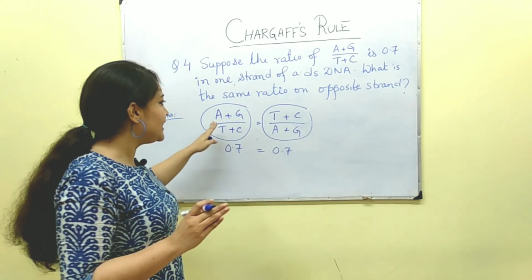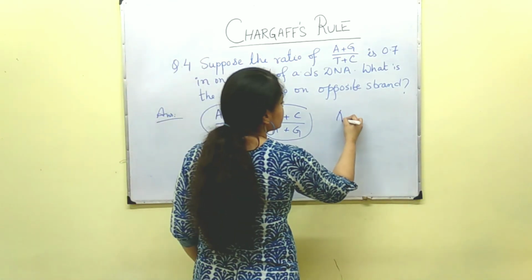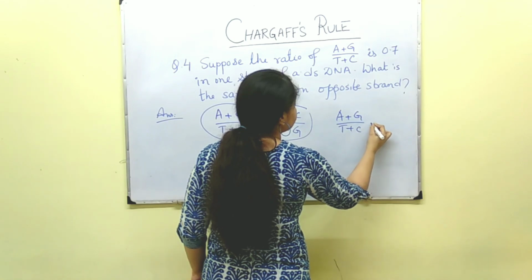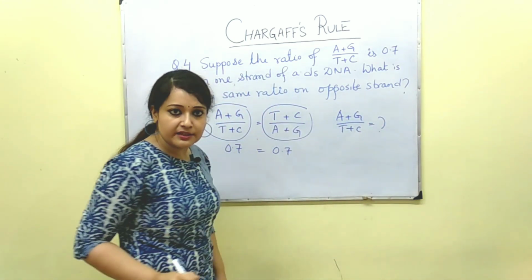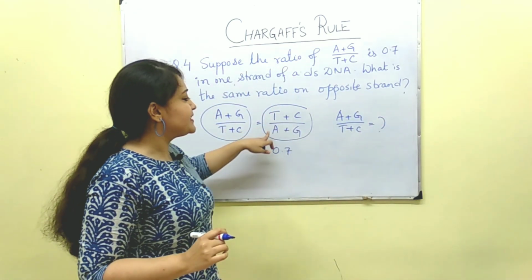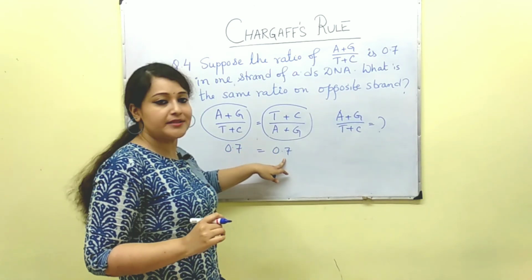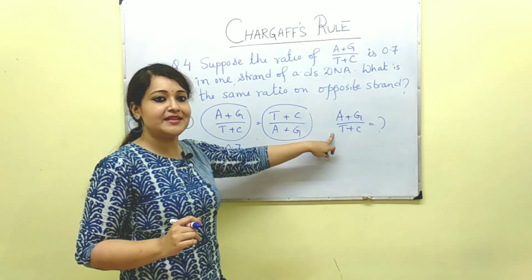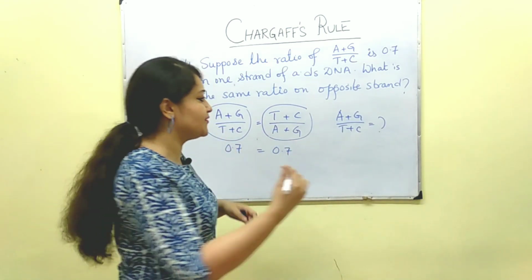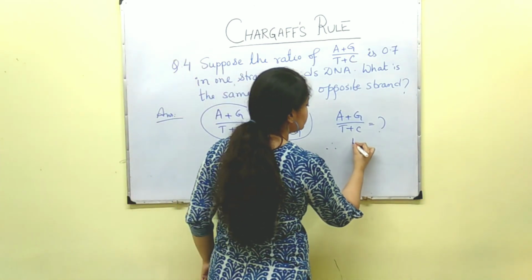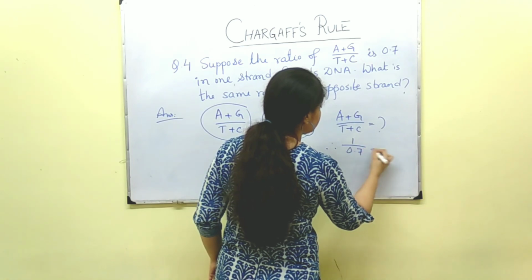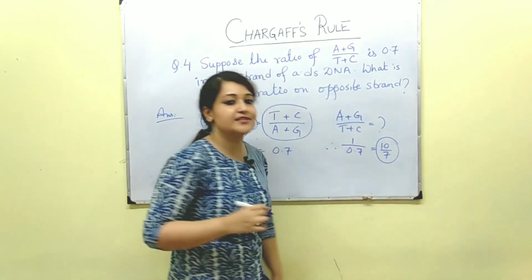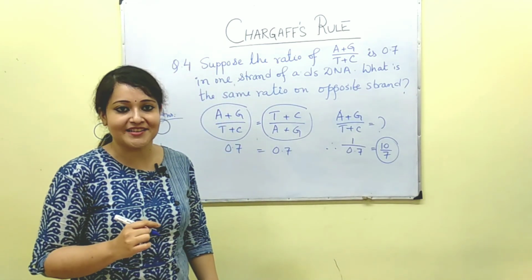But it has been asked about this ratio in the opposite strand, that is A plus G by T plus C. If T plus C by A plus G is 0.7, what is going to be A plus G by T plus C? That is just the reverse of it. Therefore, this is going to be 1 by 0.7, that is 10 by 7. This is going to be the answer of the question.